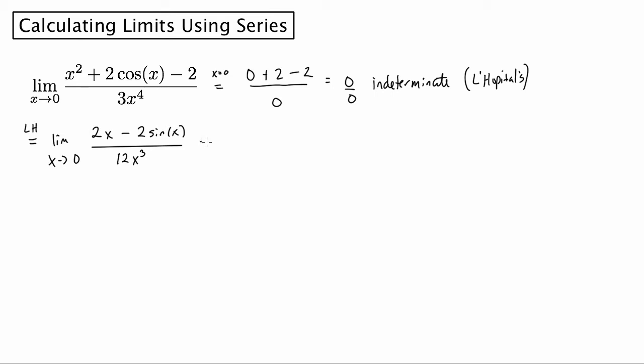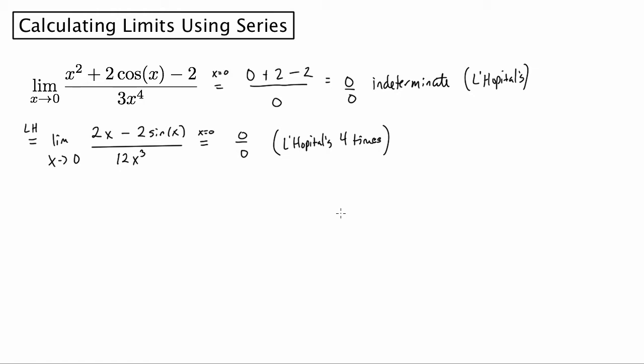Notice that if you were to evaluate this at x equal to 0 again, you would get 0 on the top and 0 on the bottom, so you'd have to do L'Hopital's again, and so forth. In fact, for this problem, you would have to do L'Hopital's 4 times before you would actually get something to come out of this limit.